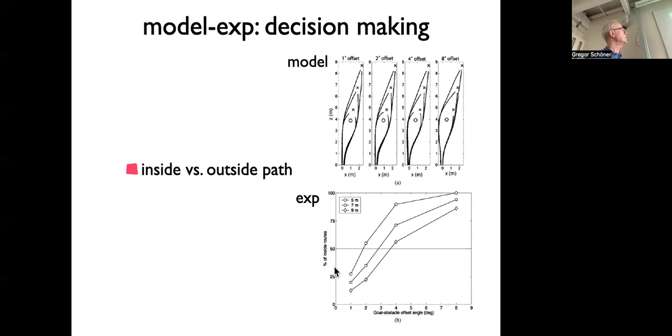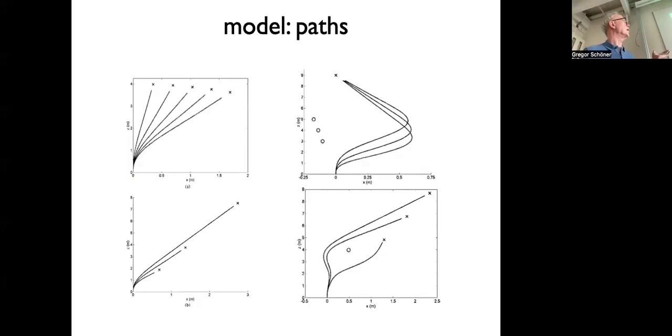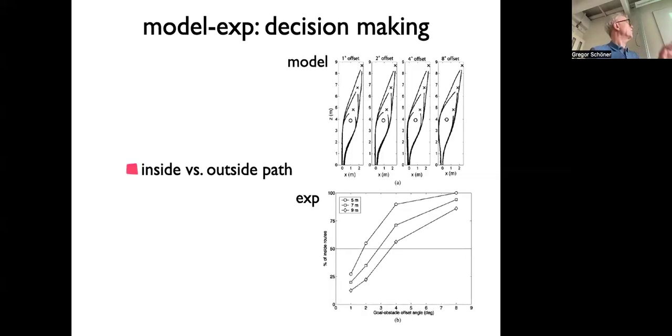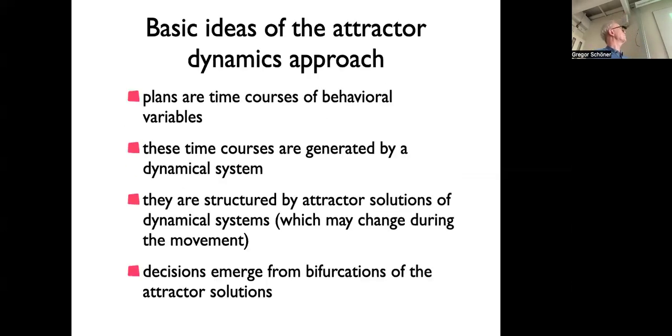And then you can really see that sometimes people go on the left and sometimes they go on the right. So they make a decision which way to go. It depends on the angle and the distance of the target which direction they go. And the model was actually able to predict that as well. So that model explains that decision making in this example. You don't have to understand the details of that.